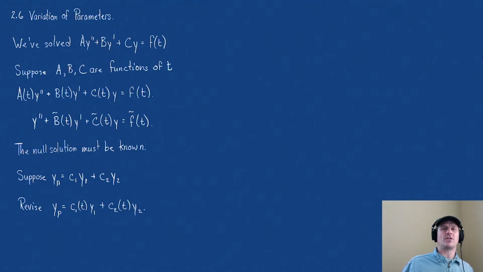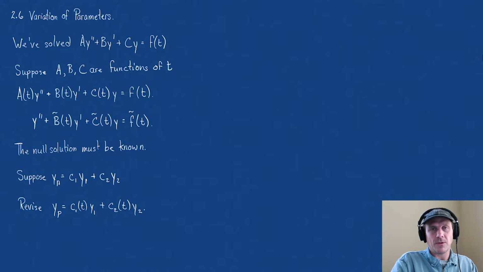And we're going to use this notation interchangeably. So from now on, whenever we're talking about c1 and c2, those can be functions of t. And if this is the null equation, that means it has to solve the null equation where y double prime plus b of t y prime plus c of t y equals 0.